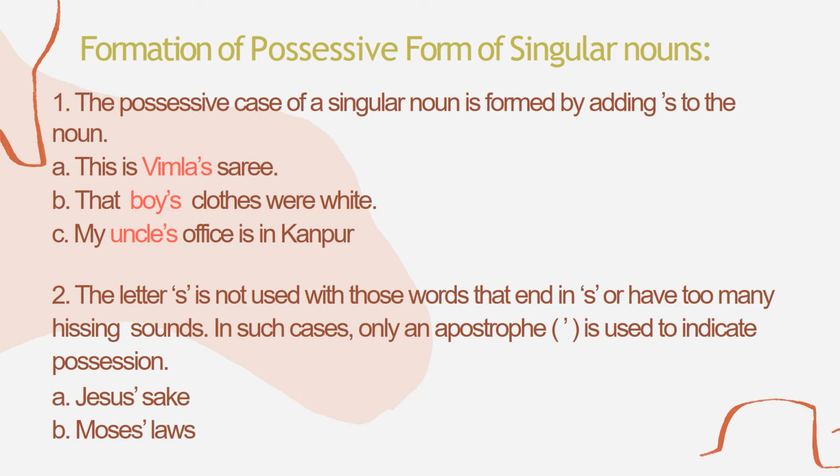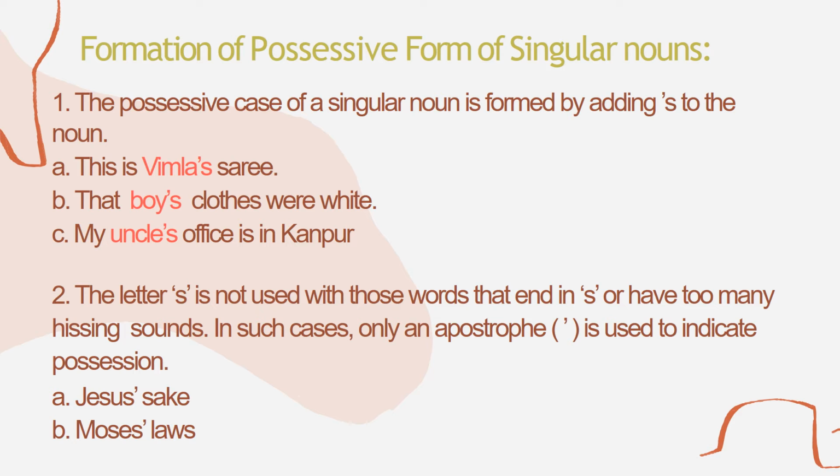Here, since s is already there, we will simply add an apostrophe and not add another s. The next one is Moses' law. Again, since it is ending with s already, we will only add apostrophe and no s. So it will become Moses' laws.